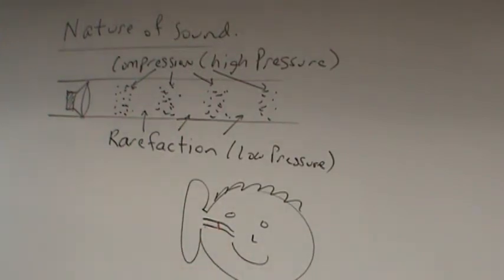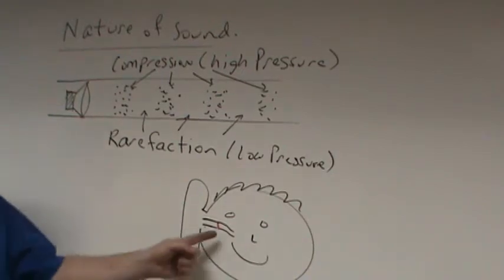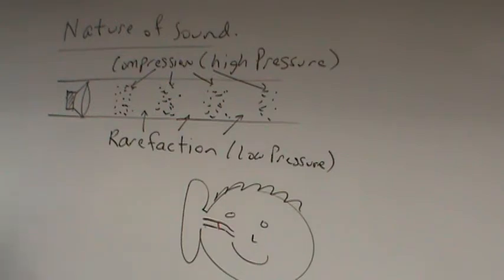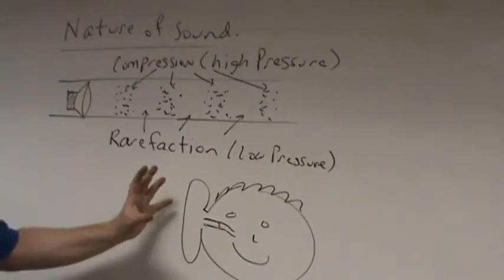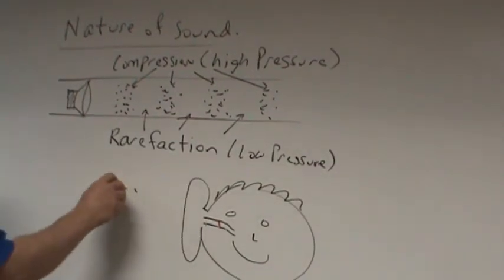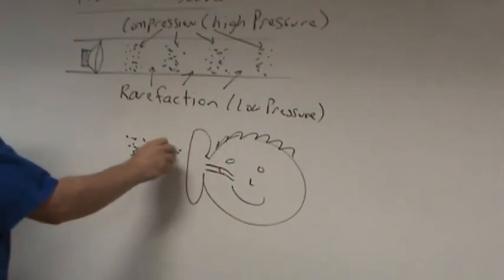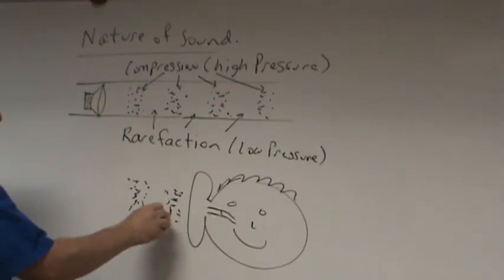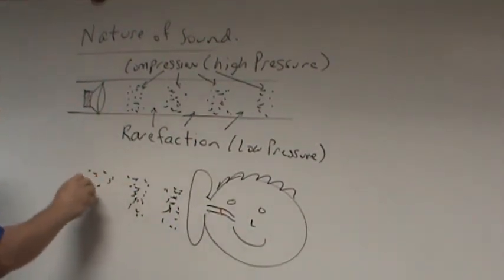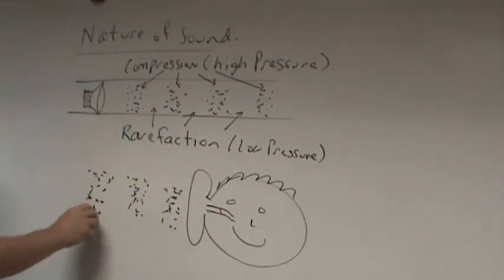In your inner ear, the pressure is whatever it was the last time you popped your ears. So you got pressure in the inner ear. You got pressure in the outer ear that's changing. And so you've got this sound that's coming to your outer ear, these alternating regions of compression and rarefaction, like the sound I'm generating right now.